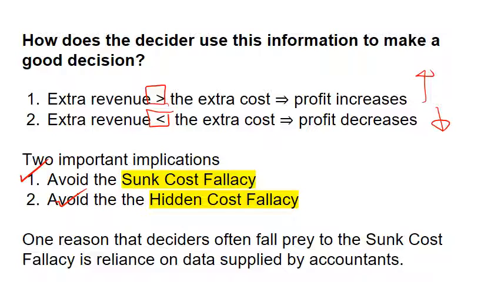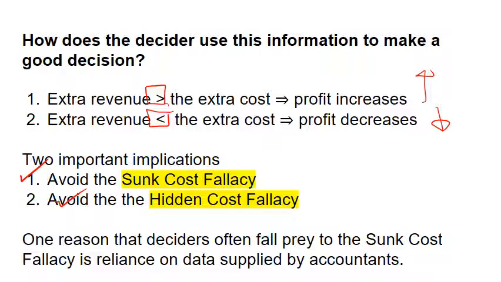A third example is deciding whether to introduce a new product without considering how the introduction will affect profits for other products sold by the firm. A fourth example is failing to consider the implicit cost of capital, time, and assets. Hurdle rates and EVA attempt to make explicit the implicit cost of capital.